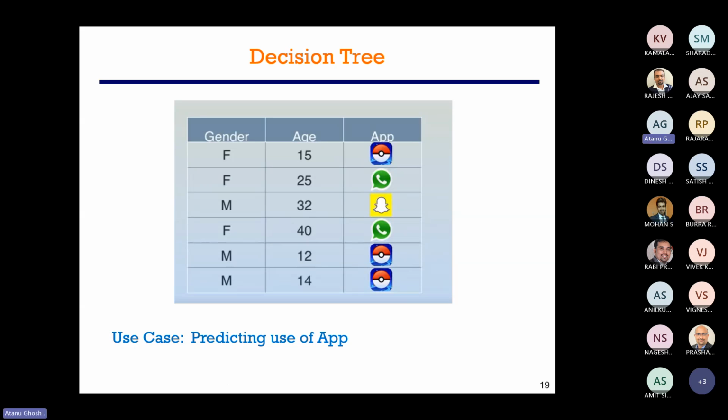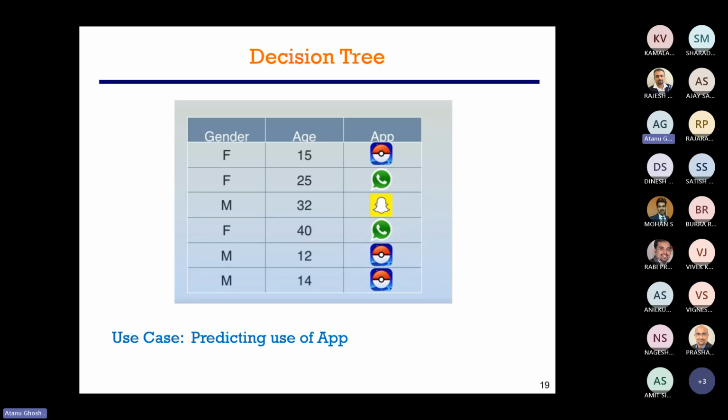So let us for the time being just ignore the name decision tree. Let's assume that there are two factors, gender and age, on which the usage of an app varies. And we have a data set which shows us, for different individuals, gender and age, which app they are using.